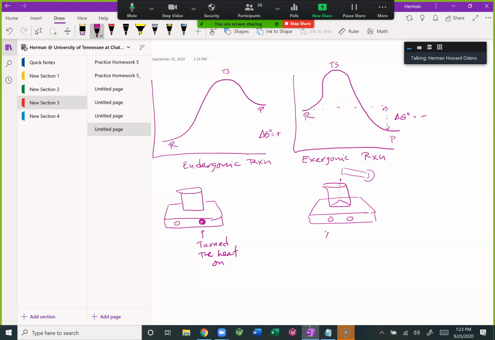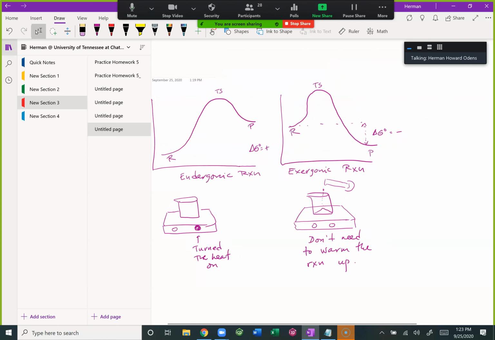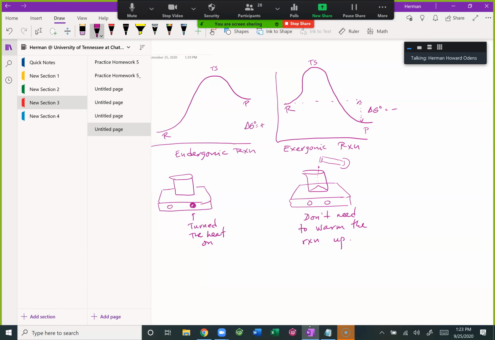So by releasing its own heat, you don't need to warm the reaction up. It will produce its own heat, and so the reaction will become hot.